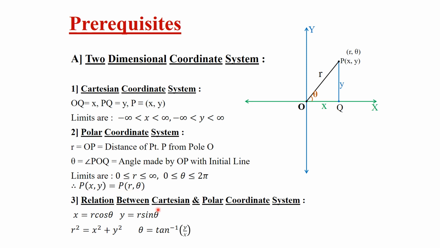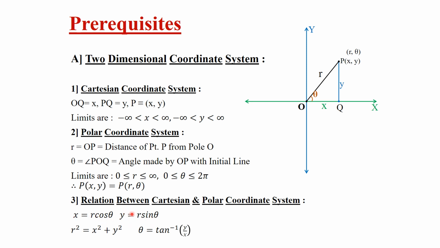What is the relation between the Cartesian and polar coordinate systems? If we consider the right-angle triangle PQO, then the relation between x, y and r, theta is x equal to r cos theta, y equal to r sin theta.